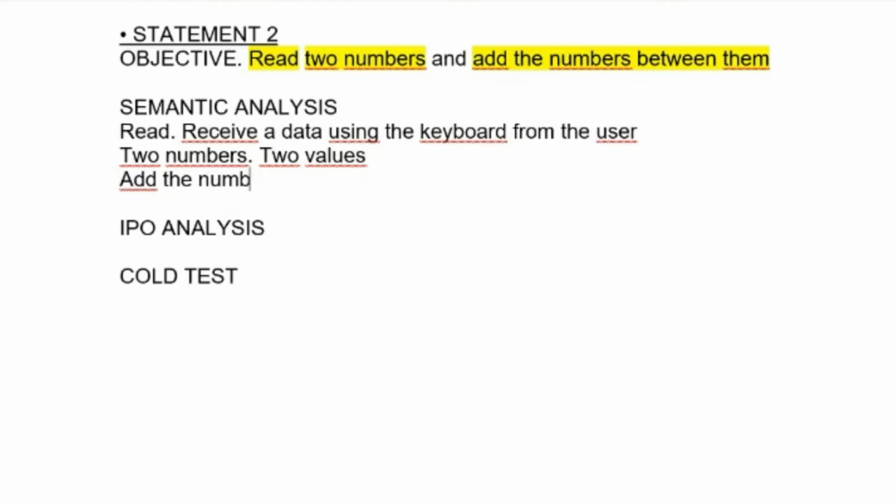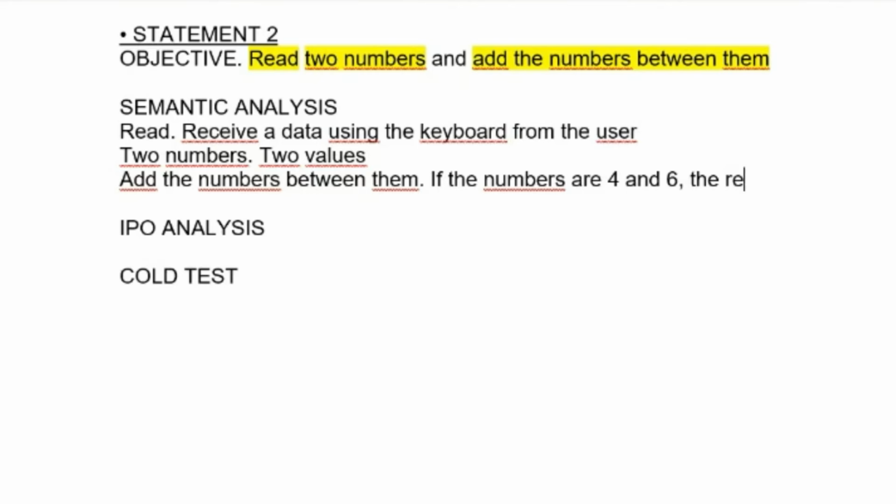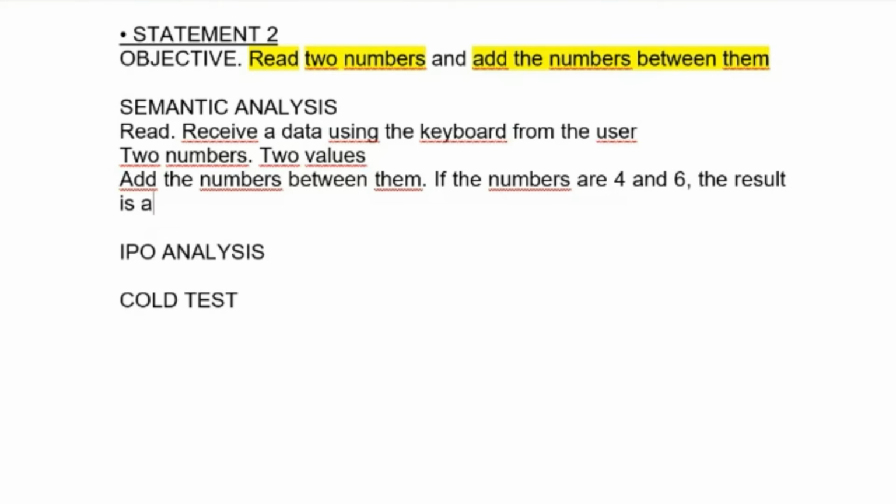And add the numbers between them means if the numbers are 4 and 6, the result is add 4 plus 5 plus 6. And that means 15. Okay? Remember, if you can write a semantic analysis, you really understand the objective.